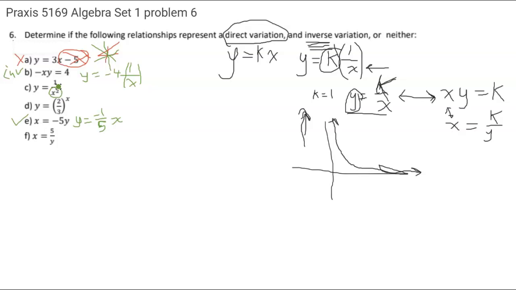That means the variable x is squared and then inverted, put in the bottom of a fraction. I'm not sure you need to know that vocabulary for the Praxis, but just in case. It's not inverse variation. It's a special kind of inverse variation. So we would say no, but I would want you to realize that it's the inverse square variation.